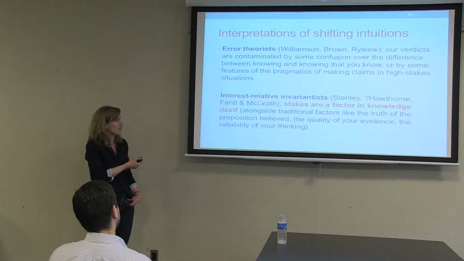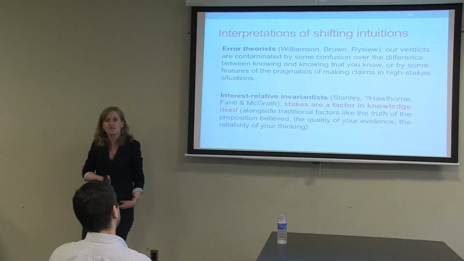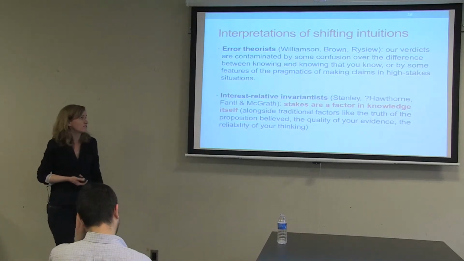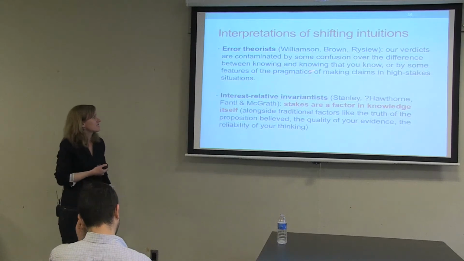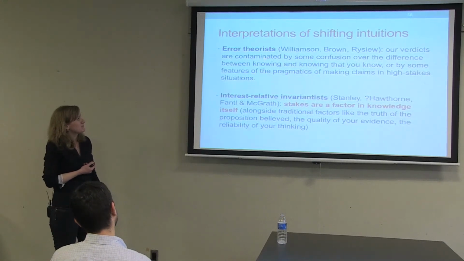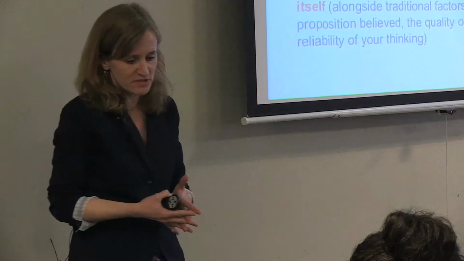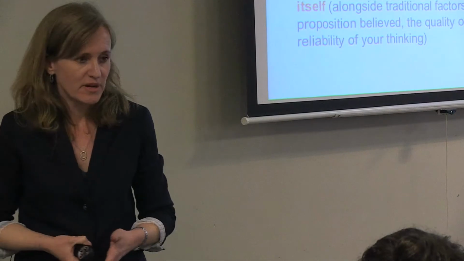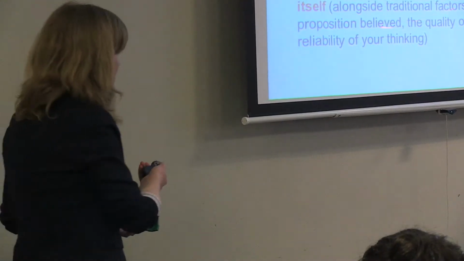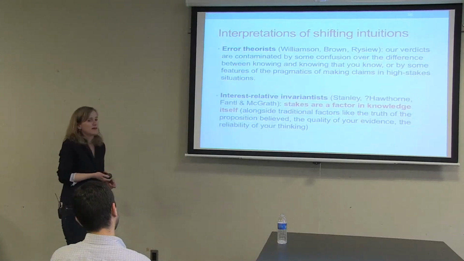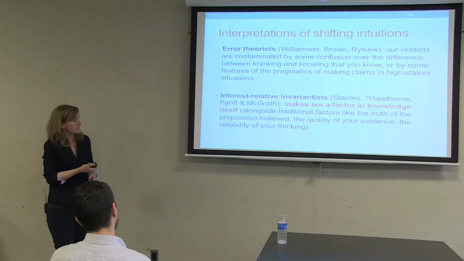No, these guys say it also depends; how much money is in your bank account could make a difference to whether you do or don't have knowledge that the bank's going to be open tomorrow. This is a radical and unusual position because it erodes the traditional distinction between practical and theoretical rationality, and it actually ends up having a lot of philosophical costs because of that.